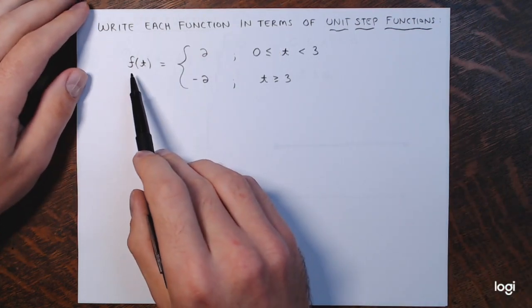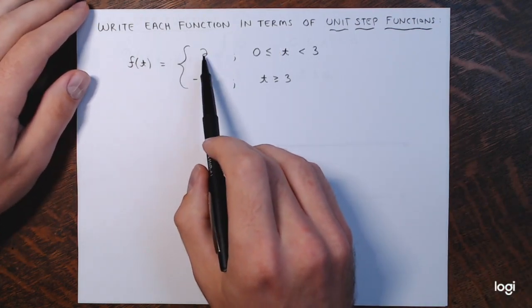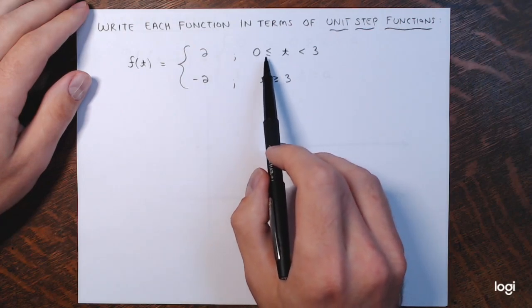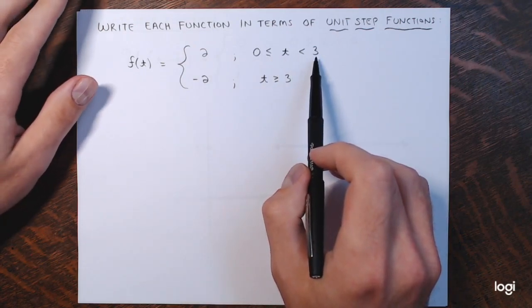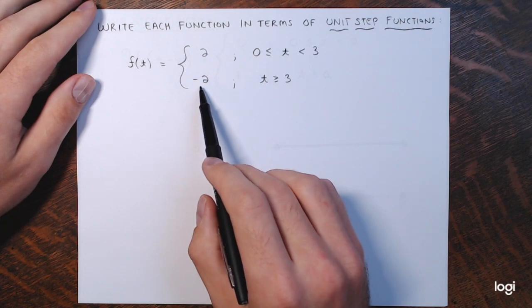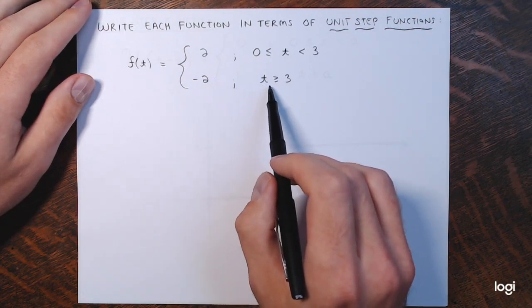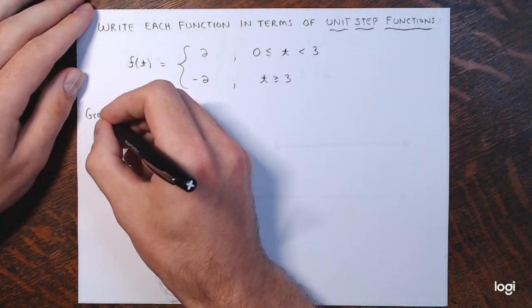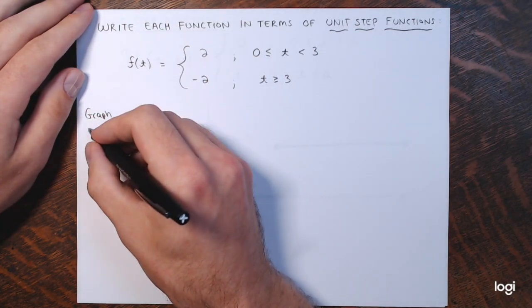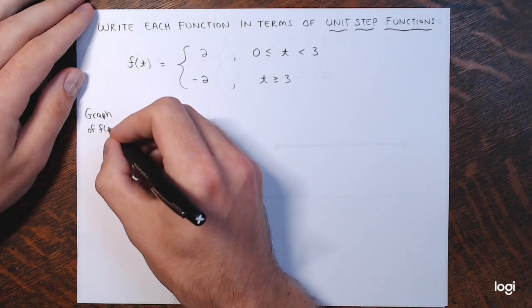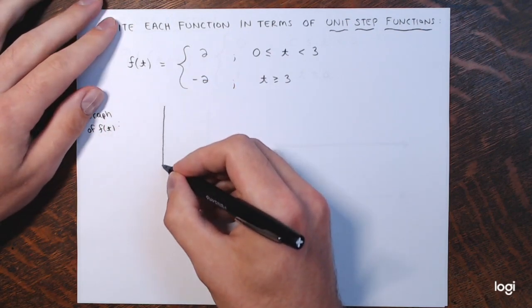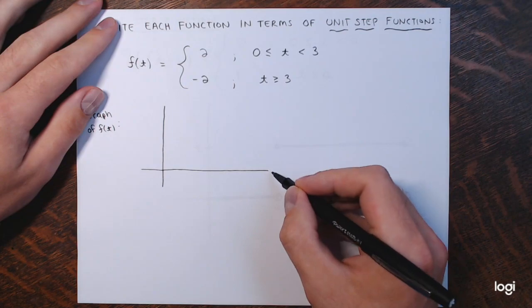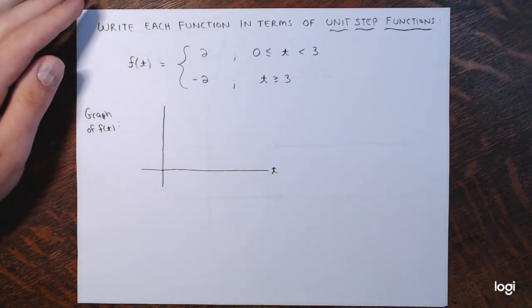So in this first example, I have f of t equals 2 if t is from 0 to 3, not including 3, and negative 2 when t is greater than or equal to 3. Now let me draw a real quick graph of f of t. I'll make some axes where the horizontal axis is the t-axis.